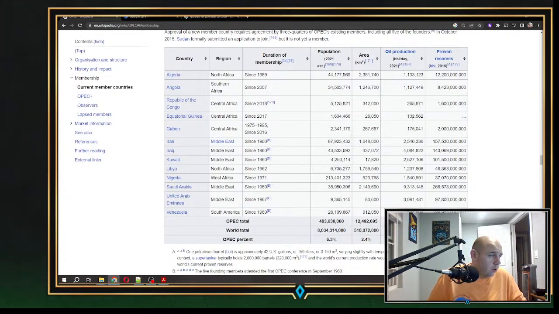Or if you're an African country, all of a sudden the United States says, oh yeah, you're going to raise the price of oil? Okay, no more foreign aid for your country until the price comes down. You get that hardball politics that happens. So in reality, some of these countries might say, yeah, you know what, we're going to keep producing. Sorry, we're not going to listen. So it's not quite as well controlled as it may sound on paper.